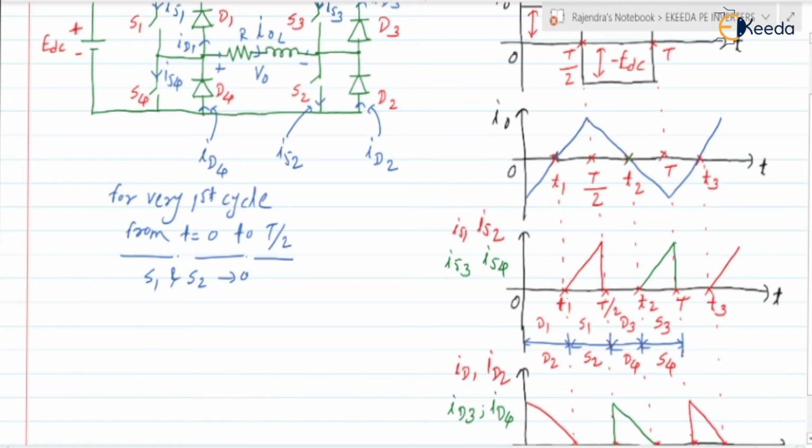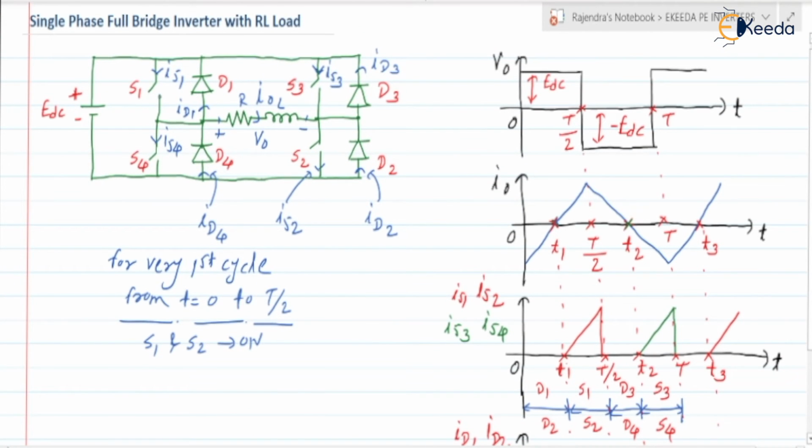When switches S1 and S2 are turned on, S1 is acting as a short circuit, S2 is also acting as a short circuit. Current starts flowing from EDC, through S1, the load, S2 and again back to the EDC.